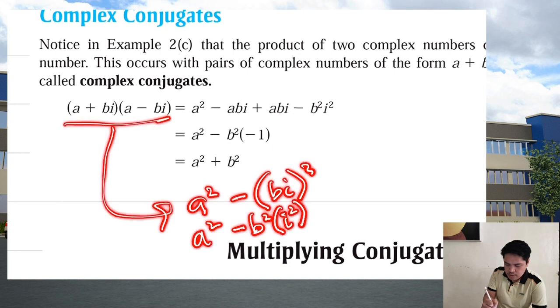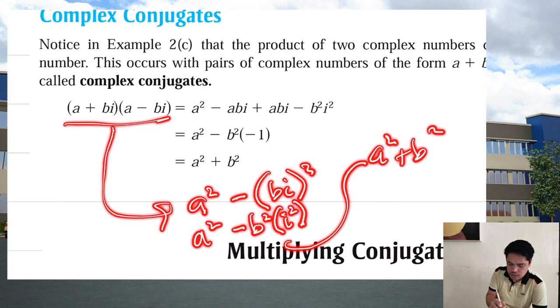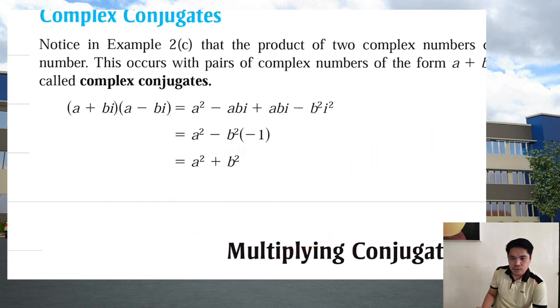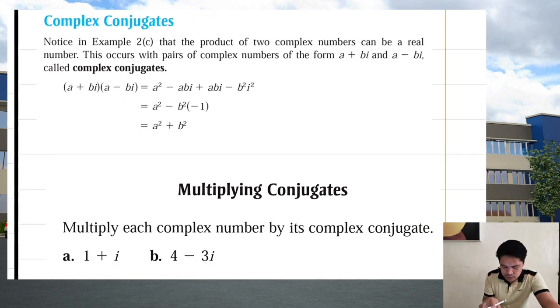Since i squared is negative 1, so that becomes a squared plus b squared, or this. That is the result of multiplying complex conjugates. So again, it's called complex conjugate because first it's a complex number, and conjugate because the second term is the additive inverse of the second term of the other factor.